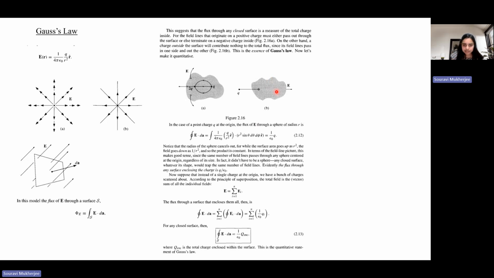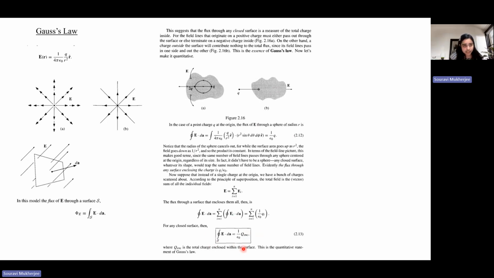If you put a point charge inside and do the integral of E dot dA over the surface, you'll see that it depends on the charge that is enclosed in the surface. This relation, in the integral form, is called Gauss's law.